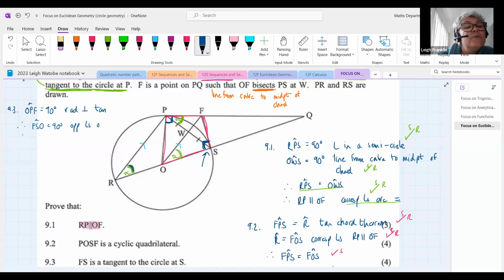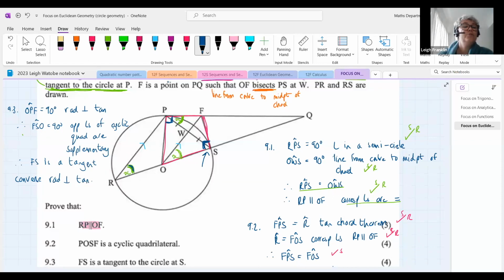Opposite angles of a cyclic quad are supplementary. Therefore, FS is a tangent, converse radius perpendicular to tangent.